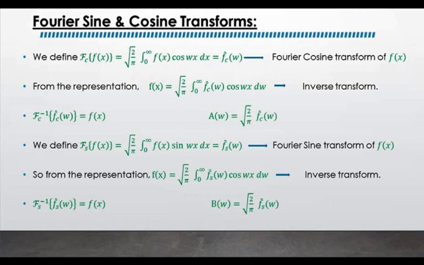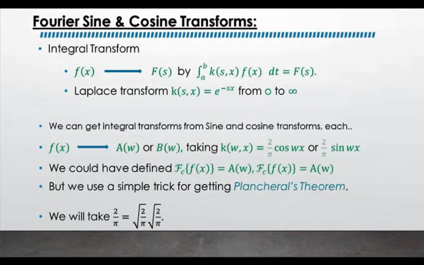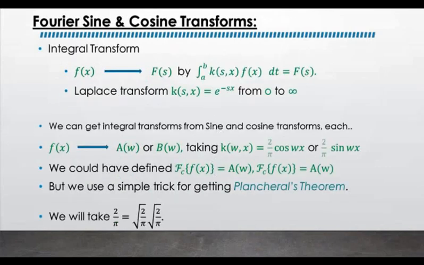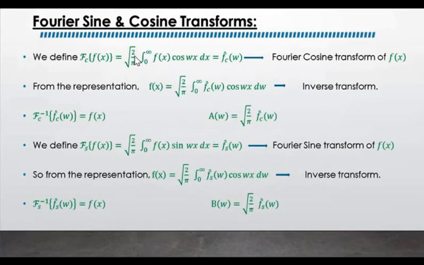That's also coming from the Fourier cosine representation. You know that from a omega you can go to f of x by multiplying a omega with cos omega x and integrating with respect to omega. But here you have only root of 2 by pi in f cap c omega, not 2 by pi. So to make it 2 by pi, you need another root of 2 by pi.